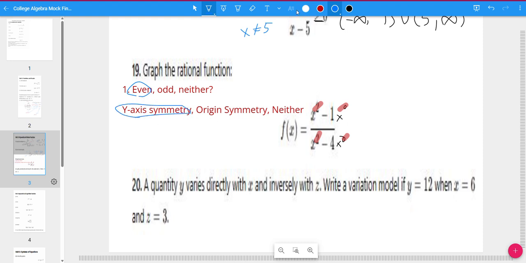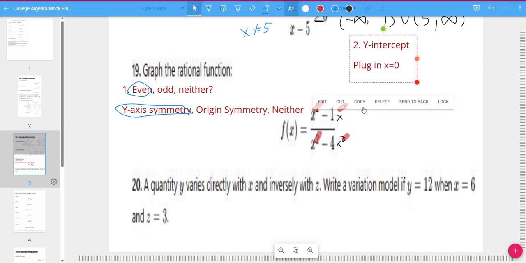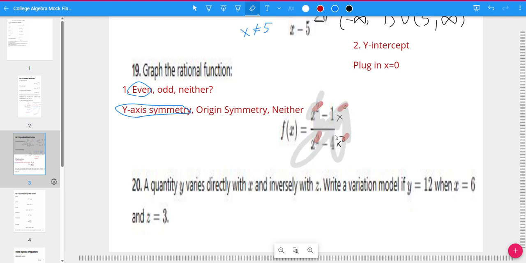Second thing it asks is the y-intercept. Remember, that means plug in x equals 0. If I plug in 0 right here for x, that's going to give me 0 minus 1, 0 minus 4, or let me just write it out.